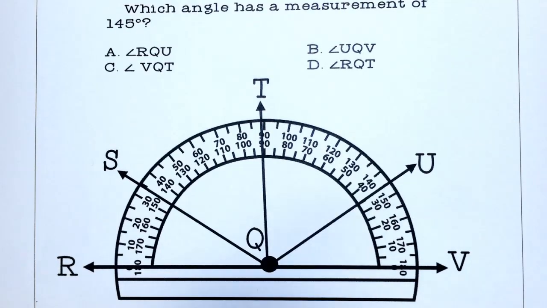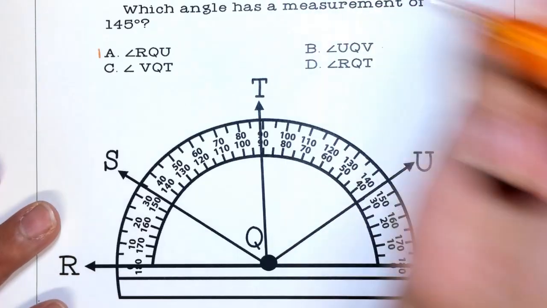Which angle has a measurement of 145? So I just want you all to stare at this. Look at the protractor. I'm just going to let people stare at it for a little bit to get an answer. If you think it's A, show me 1 finger.